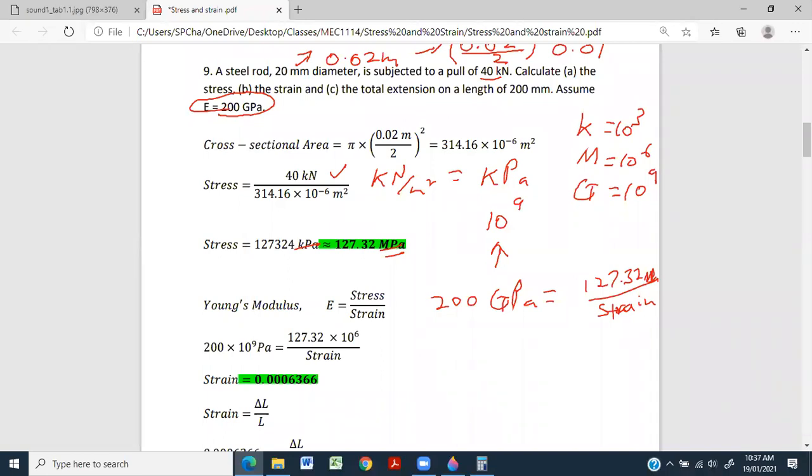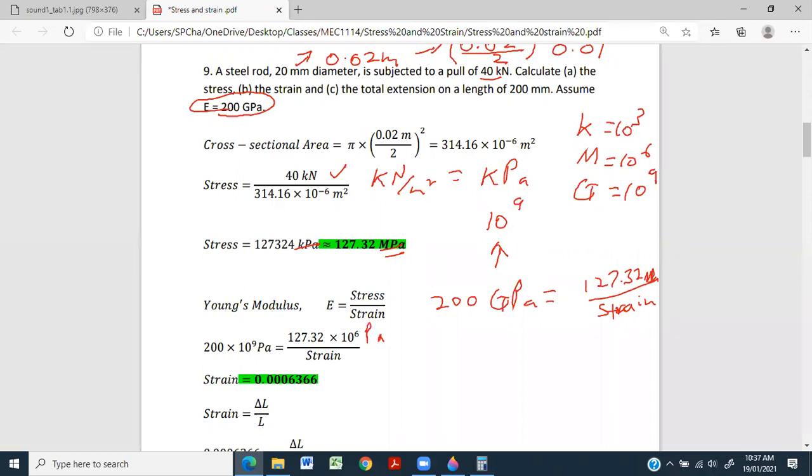Okay. So this here is 200 times 10 to the power of 9, and mega is times 10 to the power of 6, right? So we can just change all of those into pascals, right? So 200 times 10 to the power of 9 pascals is equal to 127.32 times 10 to the power of 6 pascals divided by strain.